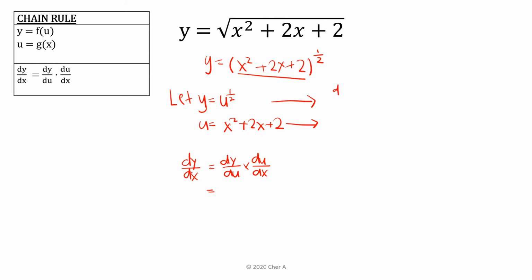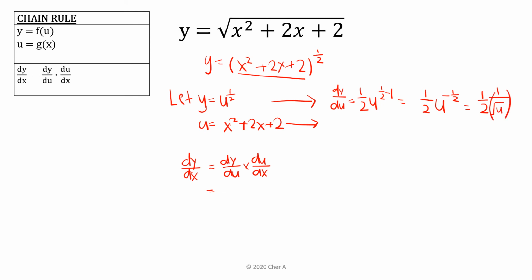So dy over du is equal to, using power rule, I bring down my power, and my new power becomes half minus 1. So it will be half u to the power of negative half, which will be half times 1 over square root u.